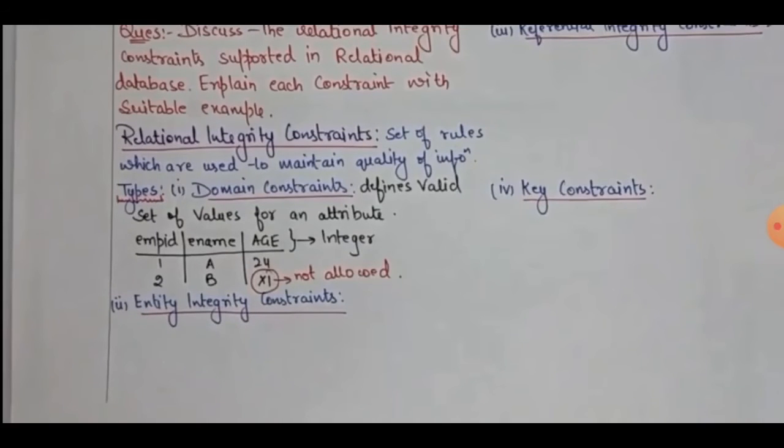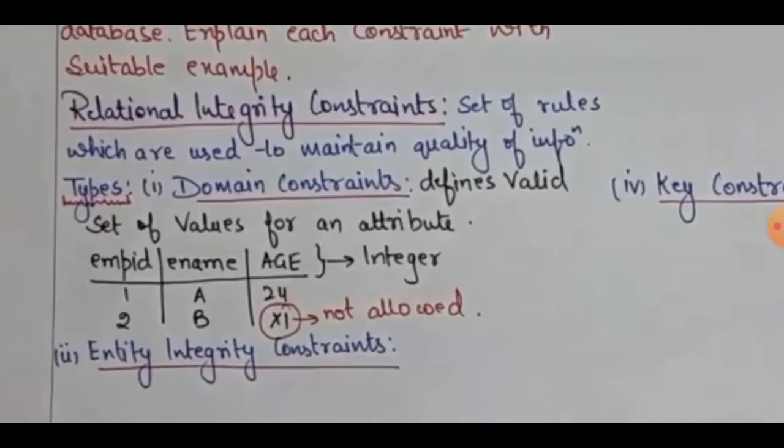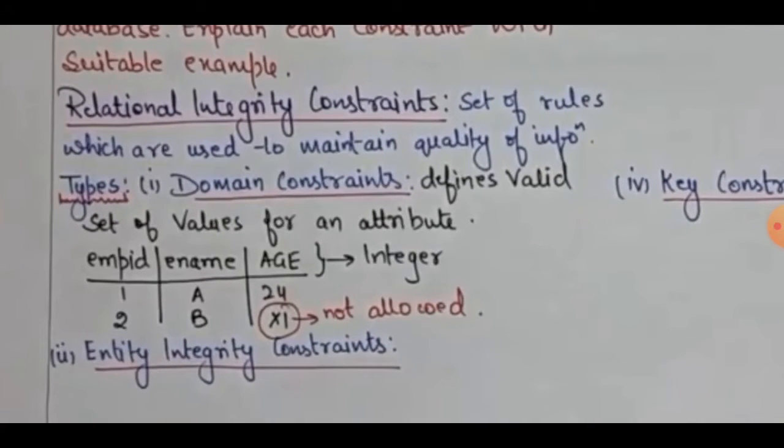Here we are storing the records of employees. The employee ID is 1, we have entered it in the first line, then A is the employee name and 24 is the age, that is okay. The second input is 2, the name is B, and we are entering the age in Roman form, which would also be correct if we used the varchar data type, but here we have specified the integer data type, so it is not allowed.